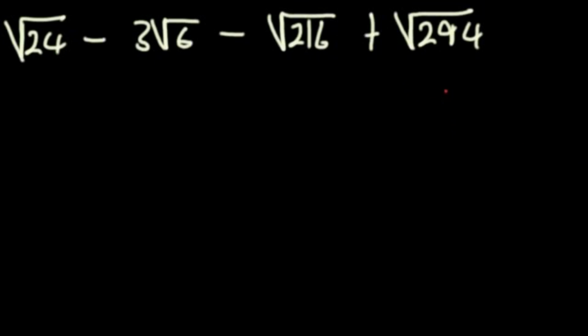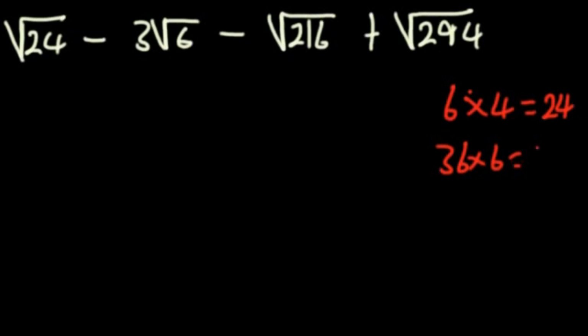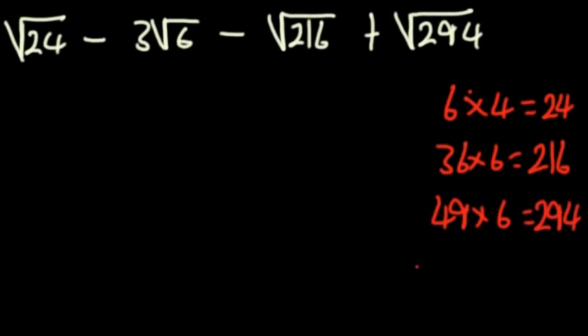So 6 times 4 equals 24, 36 times 6 equals 216, while 49 times 6 equals 294.